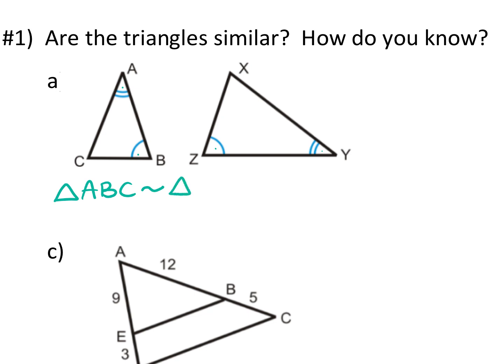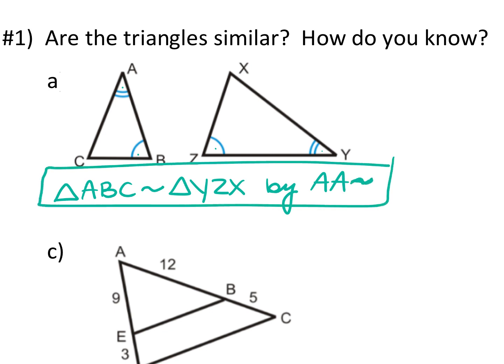We can see that. Similar to what triangle? YZX. You have to go in the corresponding order. So those are similar by what theorem? AA similarity. Okay, so that's what I want to see from you. Give me the similarity statement and which theorem applies.